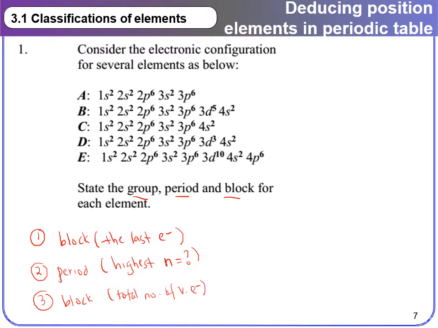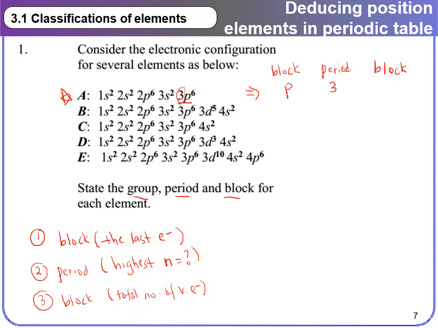Look at element A. The last electron is filled into the 3p orbital. So we know it is a p block element, while the period is 3, the third period. Lastly, the group.